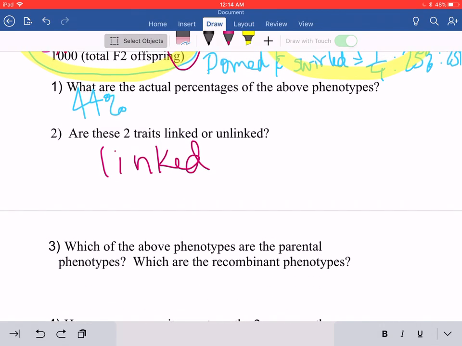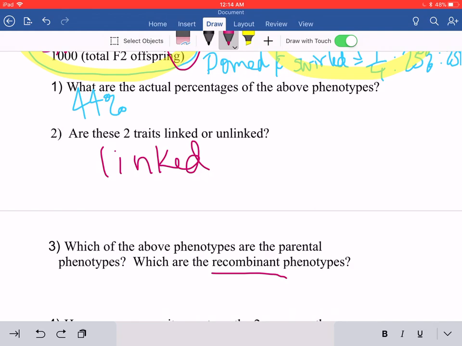Which of the above phenotypes are the parental phenotypes, and which are the recombinant phenotypes? The recombinant phenotypes are those where a crossing over event occurred, and created new pairings of alleles that aren't very common or weren't potential allele combinations that existed before.